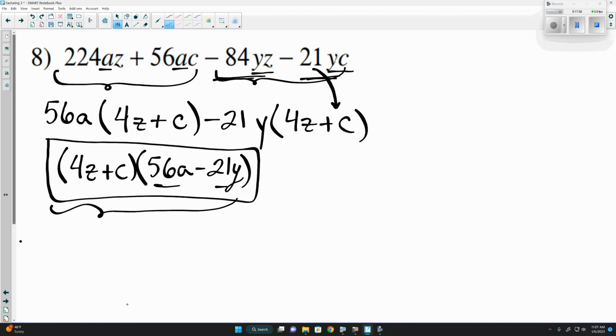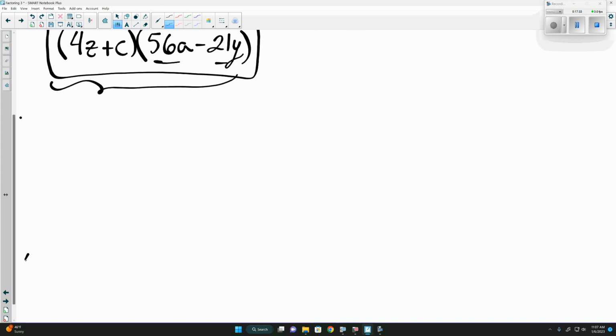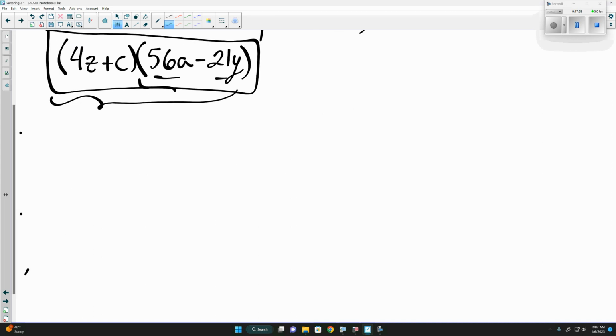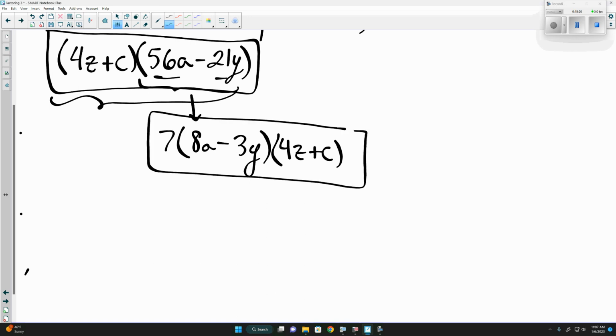So what that means for us is that this here, we can factor the 7 out. 56 divided by 7 is 8. So we have 8a minus 21 divided by 7 is 3y. So to have that fully factored, we'd have to pull the 7 out. So this here is completely factored.